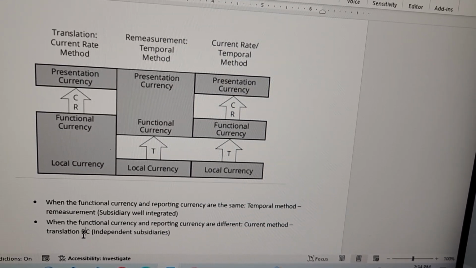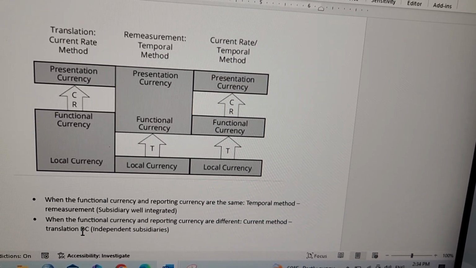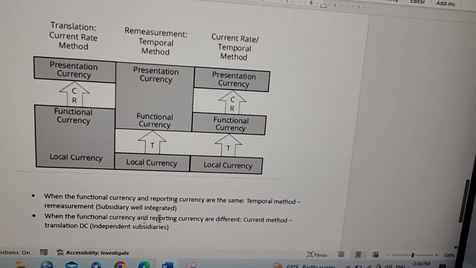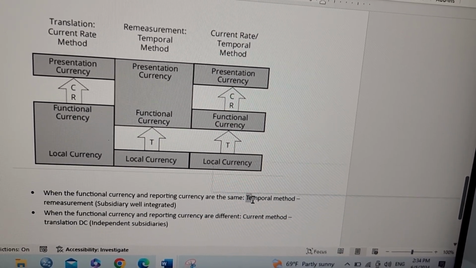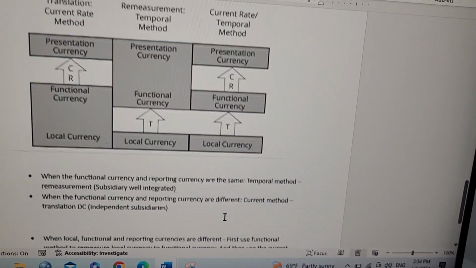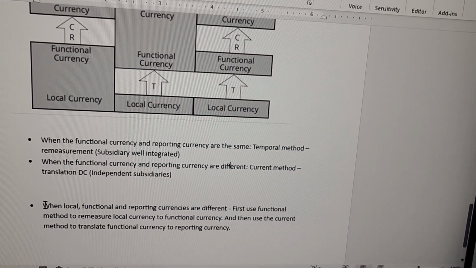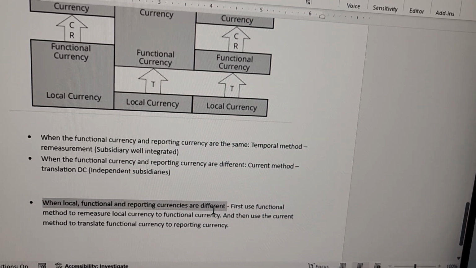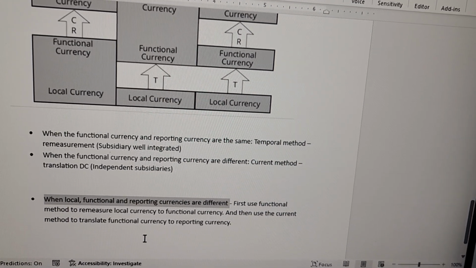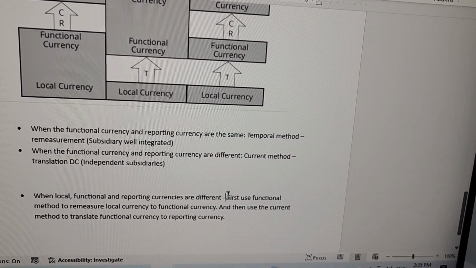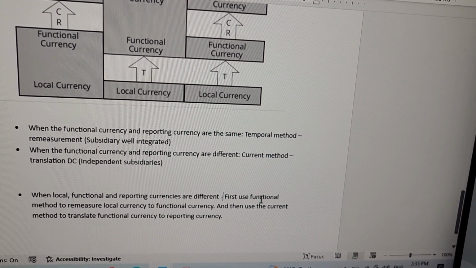So if you have a situation where the functional and the reporting are the same, then automatically you would know that, okay, I'm supposed to use the temporal method when both are the same. Alrighty. Now, the third and final case is when the local, the functional, and the reporting currencies are all different, okay? If that's the case, then we first use the temporal method.